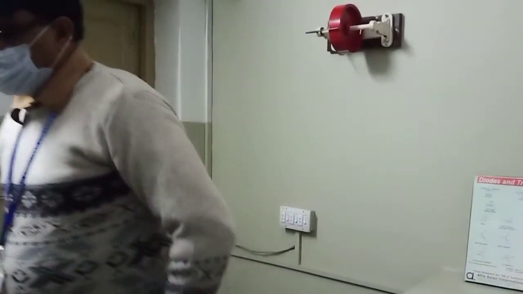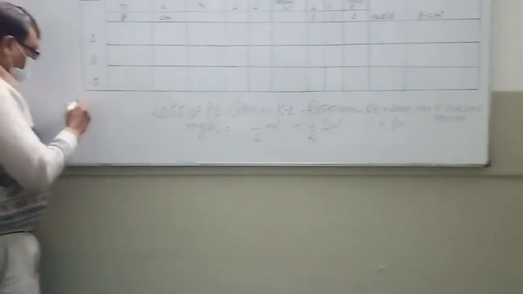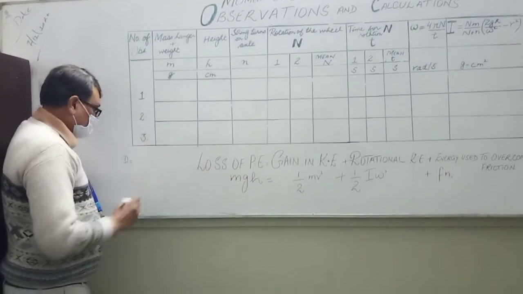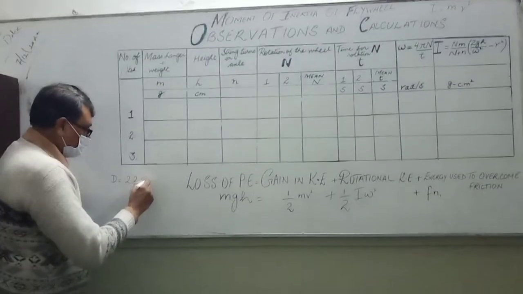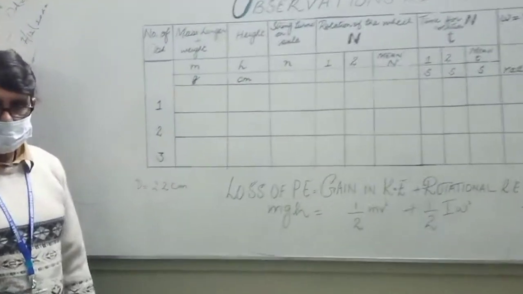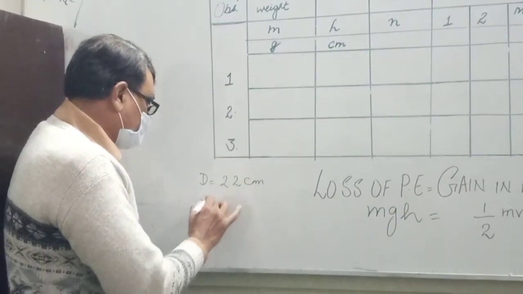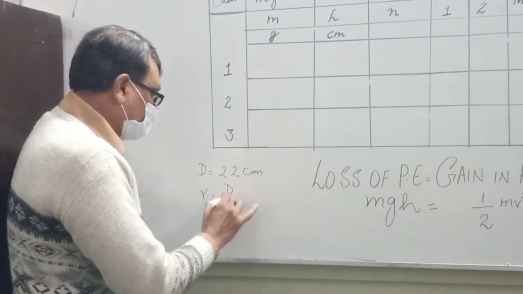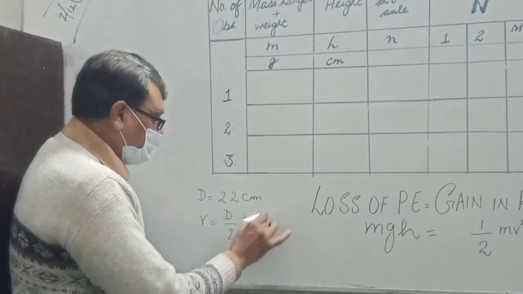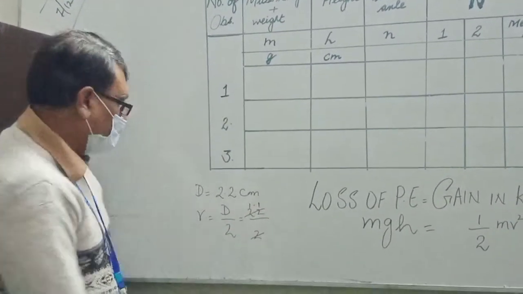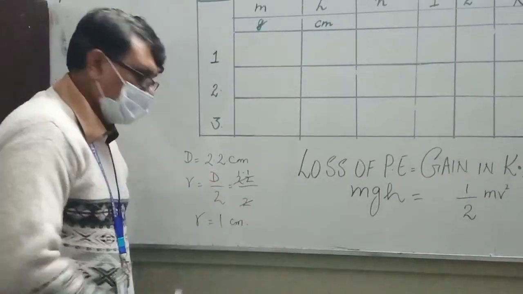So the diameter would be 2.2 centimeter. When we find R, R is d by 2, it means 2.2 divided by 2, it becomes 1.1. So the value of R recorded is 1.1 centimeter.